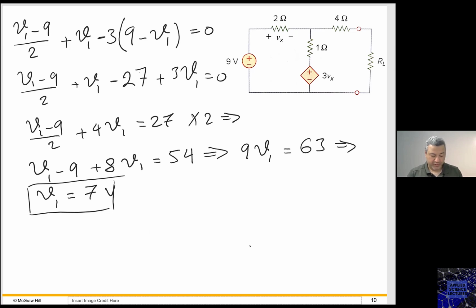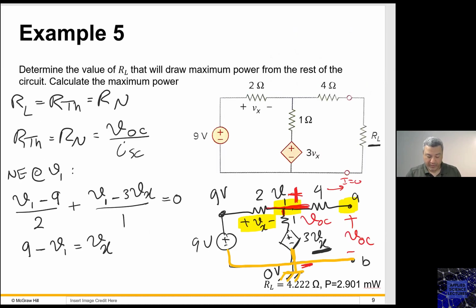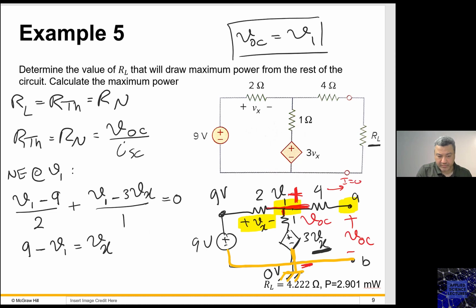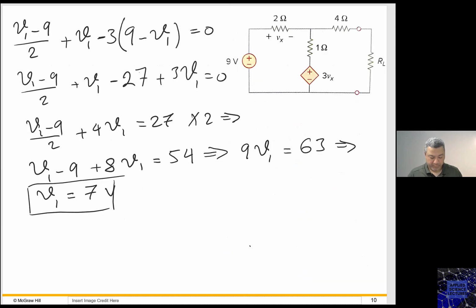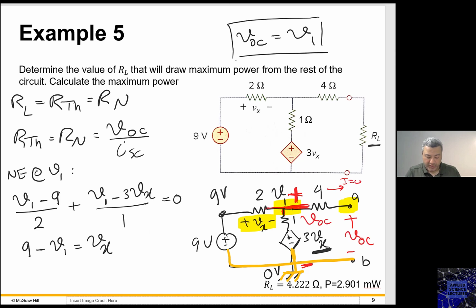Right? So back to here. We found V1 to be 7 volt, which means VOC. Now remember here, VOC is V1. So here on the side, we need not to forget that VOC is V1, the one that we were after.